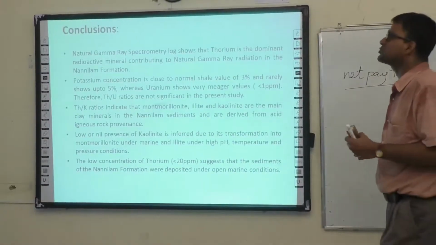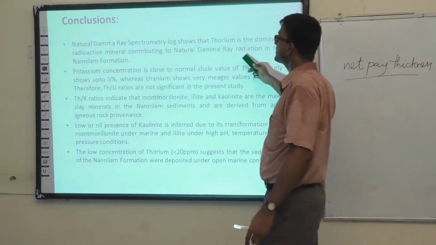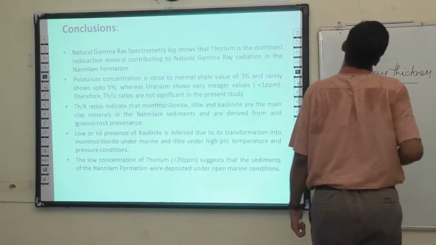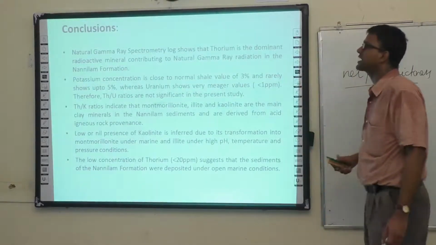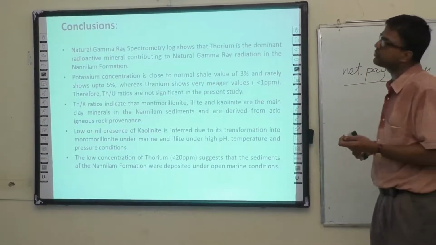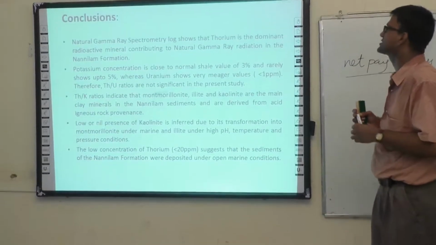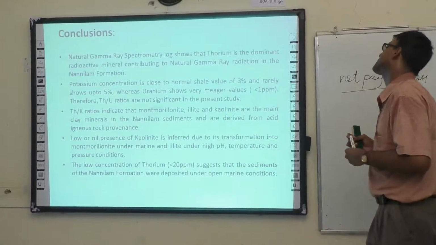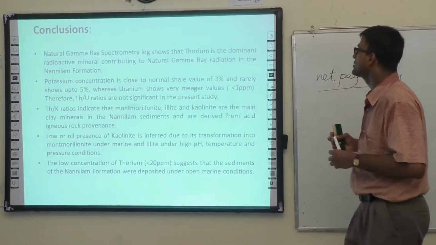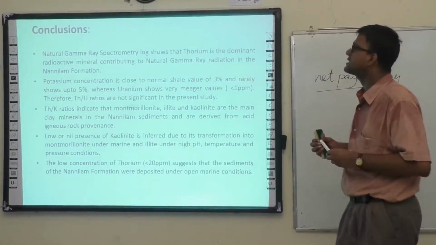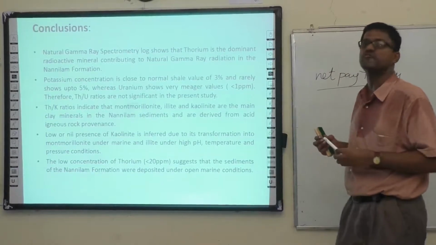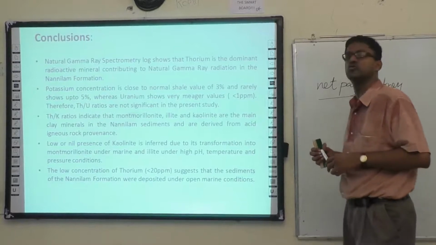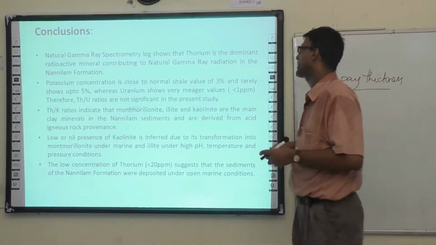The conclusions which I have drawn: the natural gamma ray spectrometry log shows that thorium is the dominant radioactive mineral contributing to natural gamma ray radiation in the Nandigram formation. Potassium concentration is close to normal 3% and rarely shows up to 5%, whereas uranium shows very meager value, less than 1 ppm.